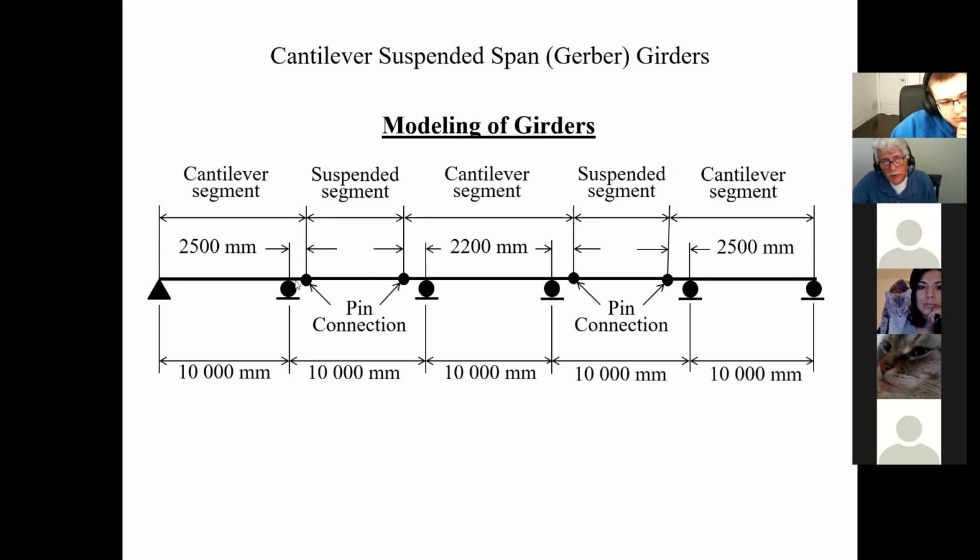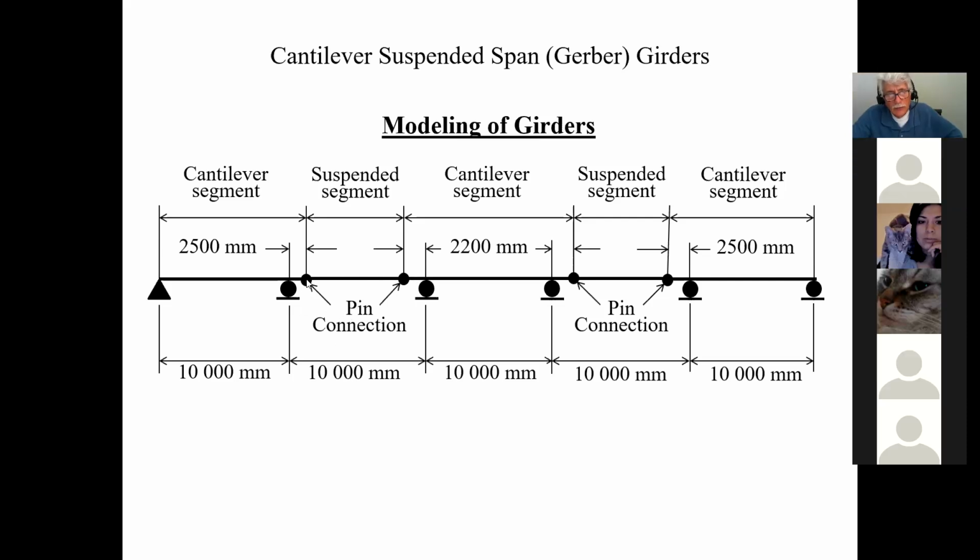I don't know if you remember this, but in structural analysis, I purposely introduced the pins in the analysis of beams so that you realize that in a Gerber girder, you do have a smooth pin here, a smooth pin there, a smooth pin there, and a smooth pin there. And of course, with ADA, to create this is very, very simple. Okay, so this is going to be, of course, the dimensions.